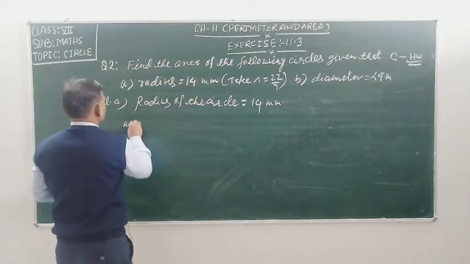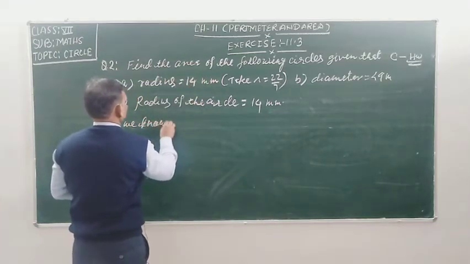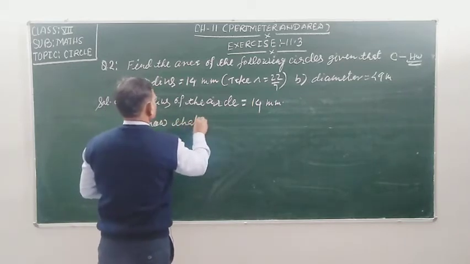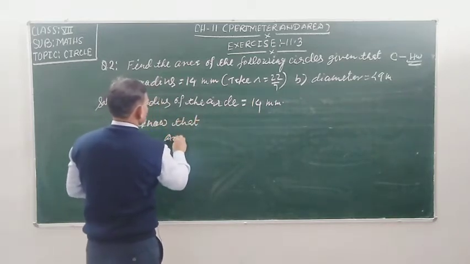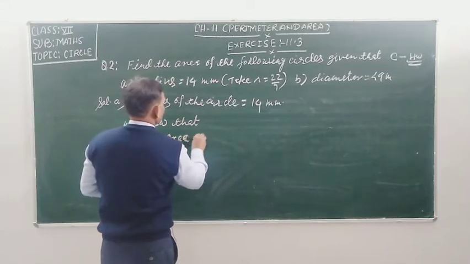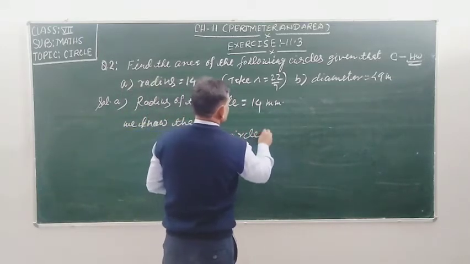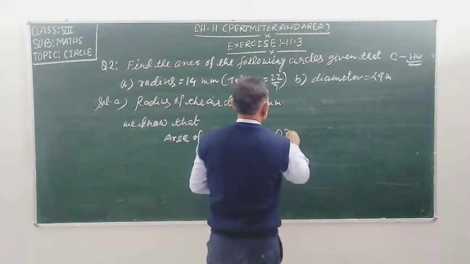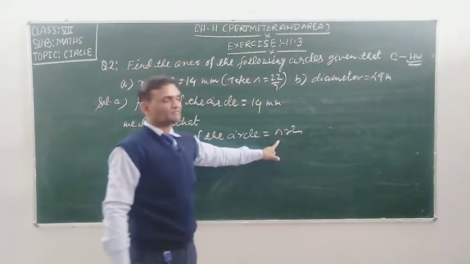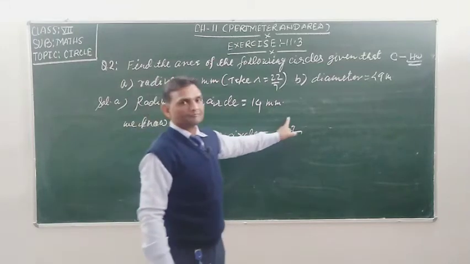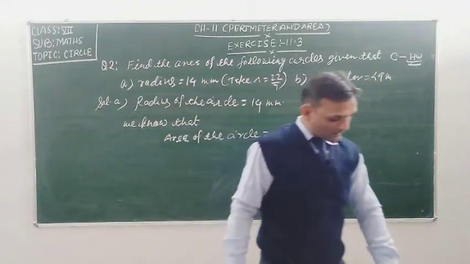So we know that area of the circle is equal to pi r square. You know, this is the formula for finding the area, pi r square.